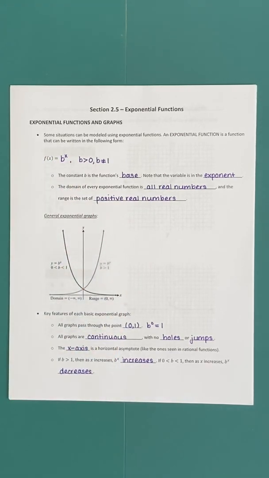So we will be sloped downward from left to right. So as soon as you see any exponential function, you can identify the basic shape just by looking at the base. If the base is greater than 1, you know the graph is going to be sloped upward from left to right. If the base is between 0 and 1, you know it's going to be sloped downward from left to right.